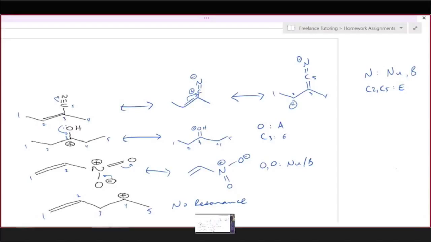Good. And the reactivity is correct. The resonance structure here gave us some new reactivity. We wouldn't have predicted the oxygen to be acidic from the first picture, but the second picture shows how it can be acidic. All right. So let's take a look at the next example.